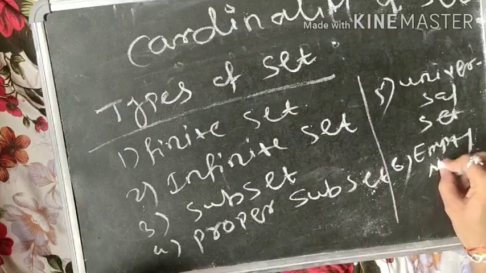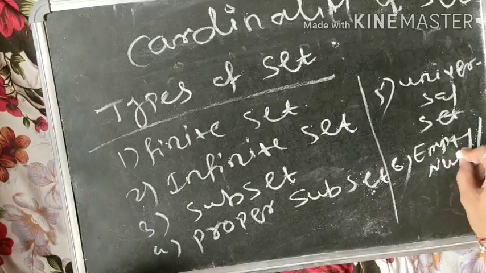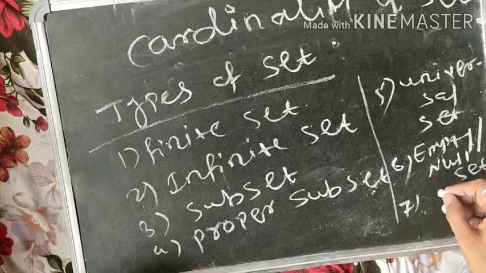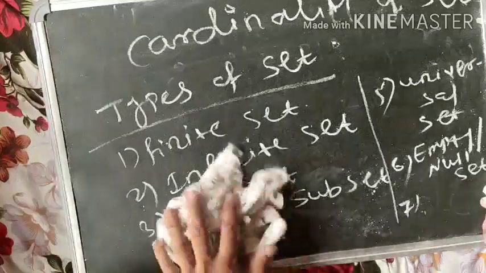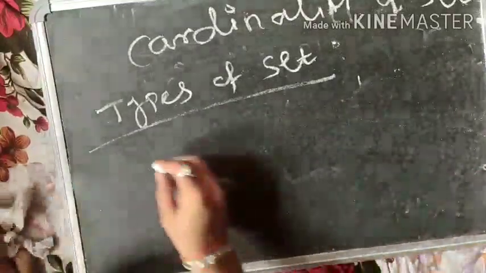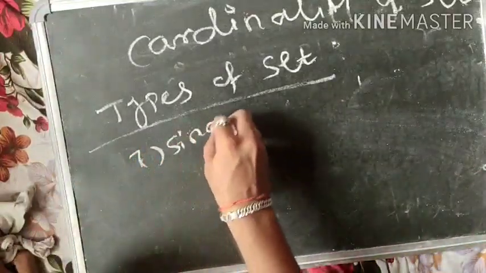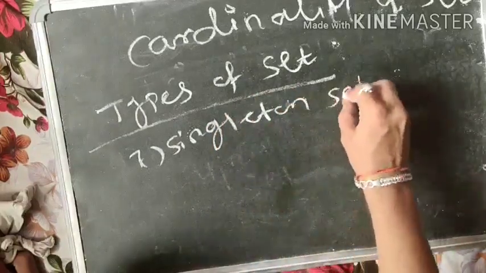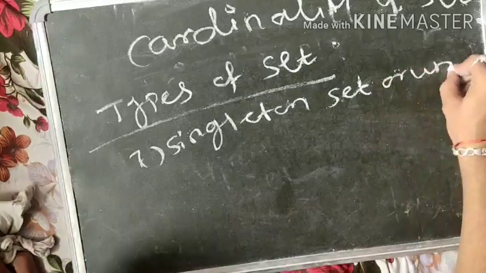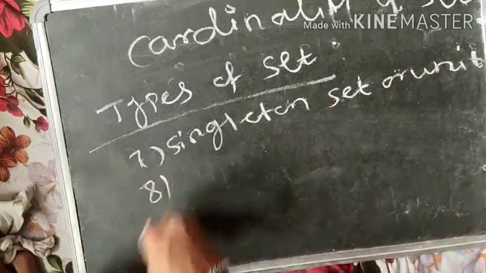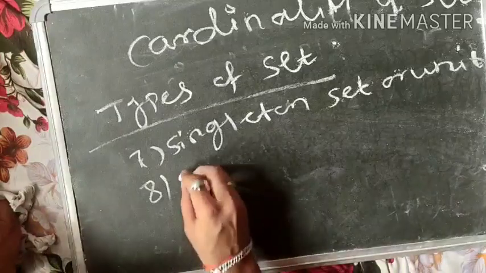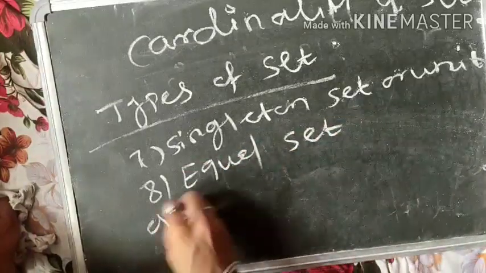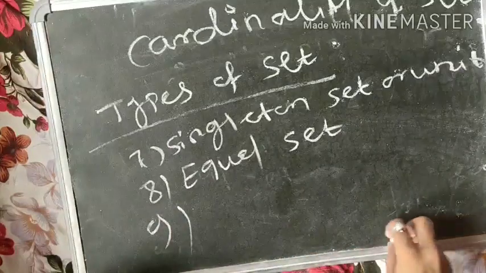or null set. Seventh is singleton set or unit set. Eighth is equal set. Ninth is equivalent set.